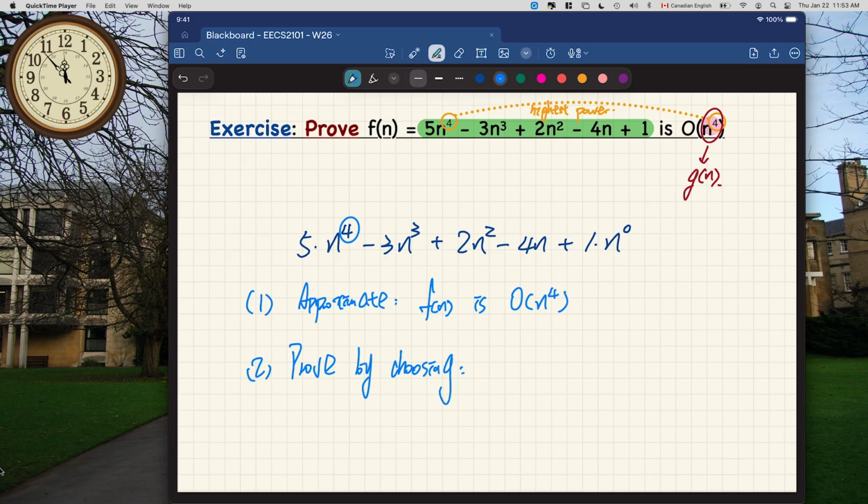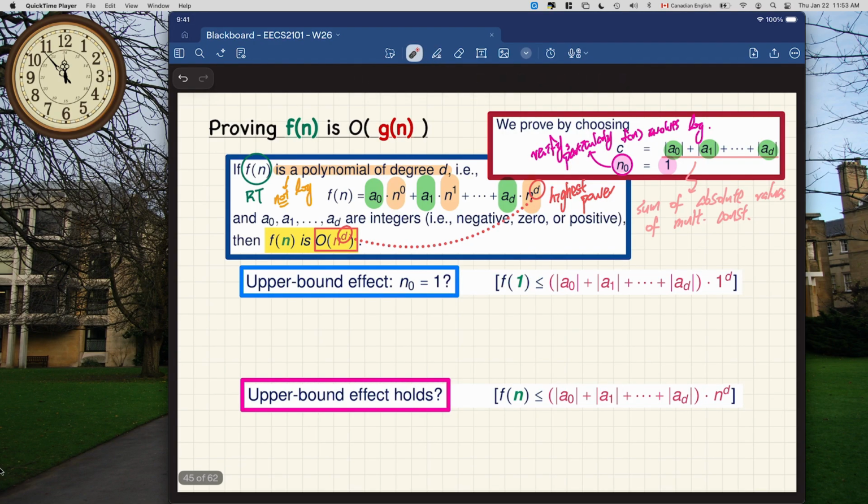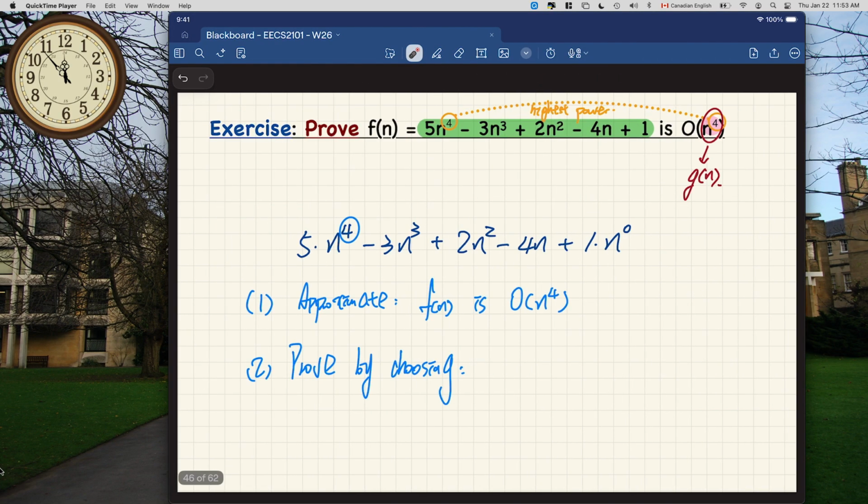And just remember from the theorem, it's actually going to be the absolute value of all the multiplicative constants, right? What are the multiplicative constants in this case? We got 5, minus 3, plus 2, minus 4 and 1. You've got to put each one of them into absolute value. Okay, that's what we're going to do.